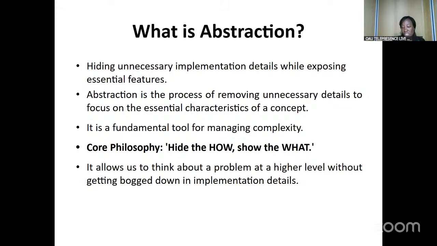And it only focuses on what and not how. So if you think of any difficult problem, and you really want to understand that problem, you need to apply abstraction, meaning that you look at that problem at a very high level, ignoring the details.